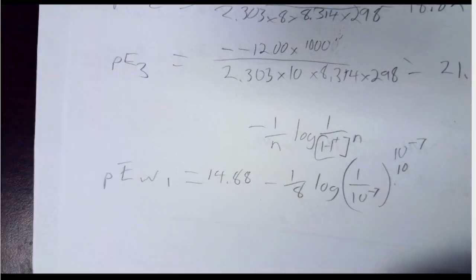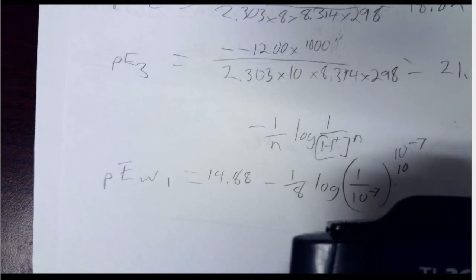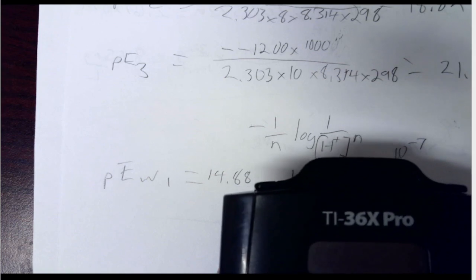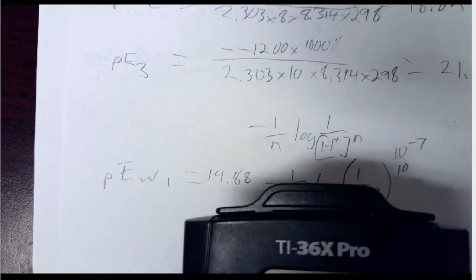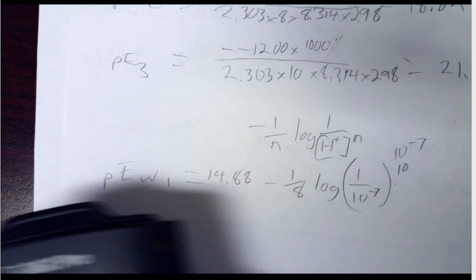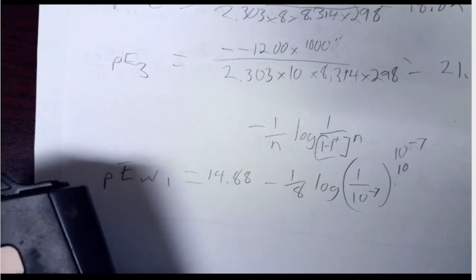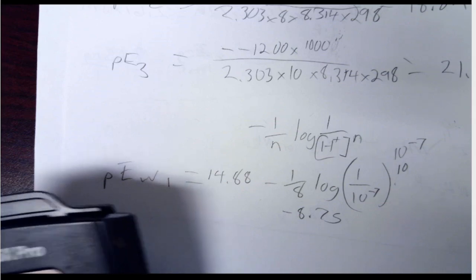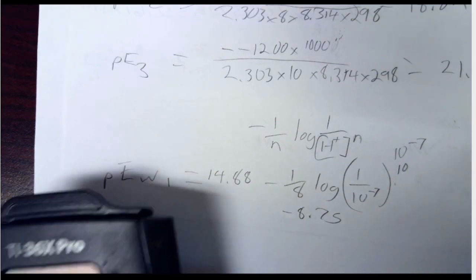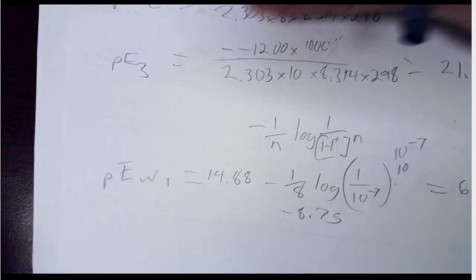So how does that change that? 10 to the negative 7 raised to the power of 10, I'm going to invert that, do the log of that, and then divide by 8. So minus 8.75. So 14.88 minus 8.75. In normal conditions, it's actually closer to 6.13. 6.13 is a slightly more reasonable number.